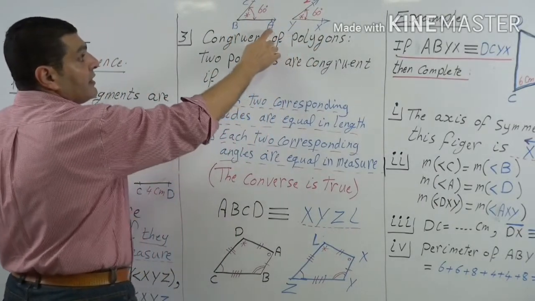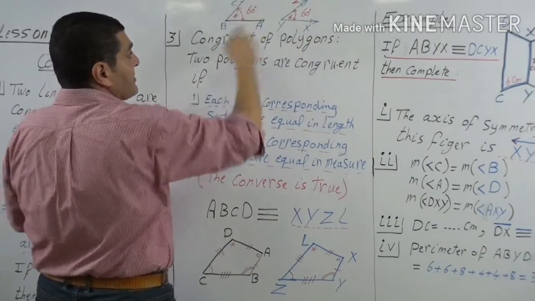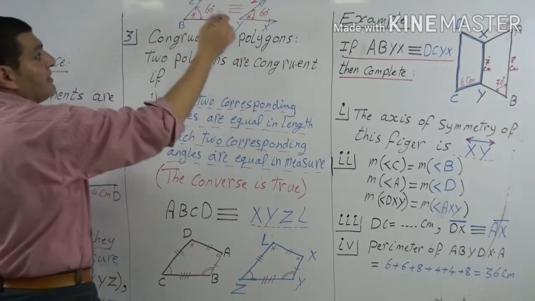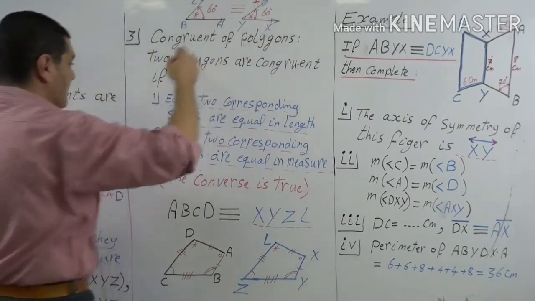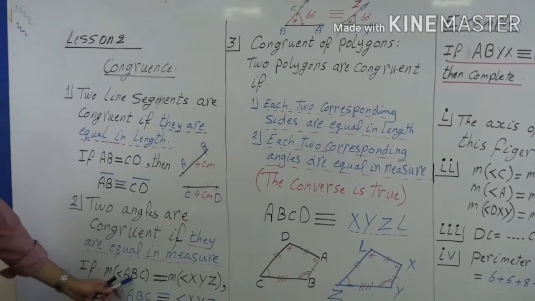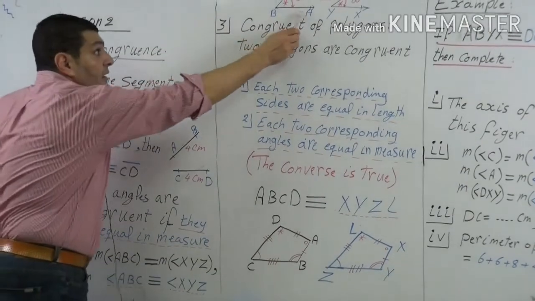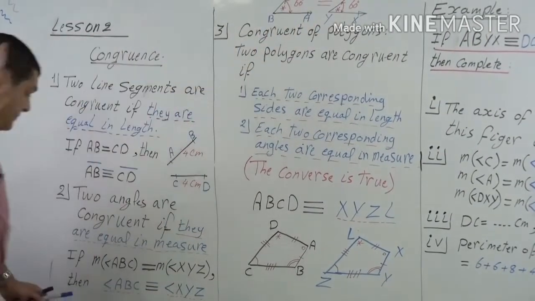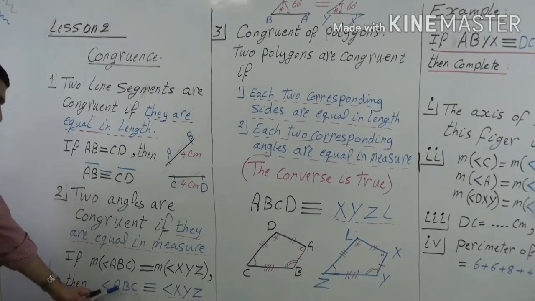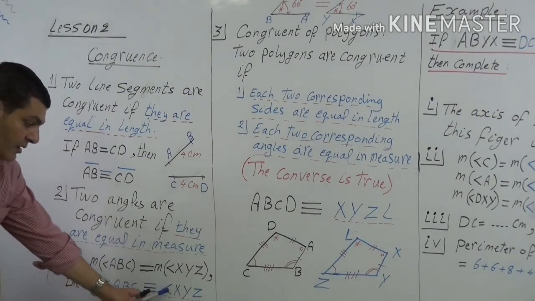So angle ABC is congruent to angle XYZ. Here it is: if measure of angle ABC equals measure of angle XYZ, then angle ABC is congruent, 3 dashes, to angle XYZ.